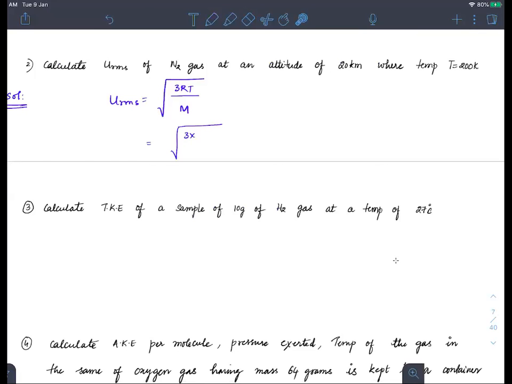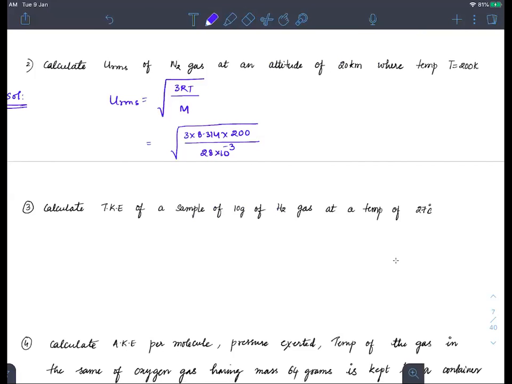Everything I have to put in SI system. So R should be 8.314 into temperature, which is 200, divided by the molar mass of N2, which is 28 gram per mole. So I have to put it in kgs per mole.